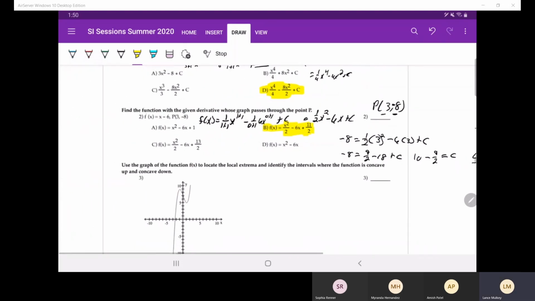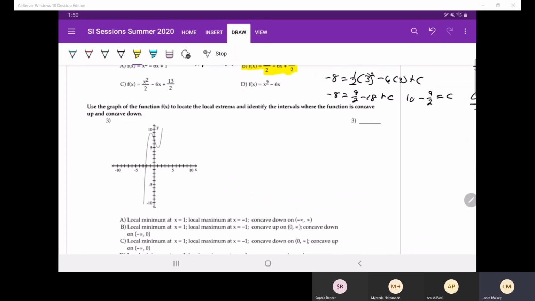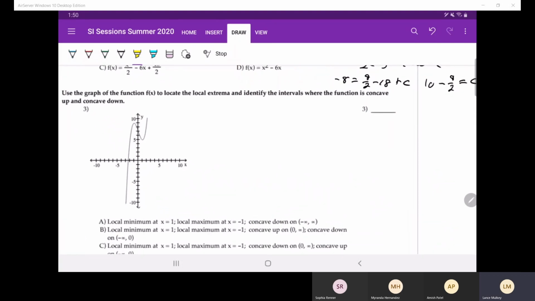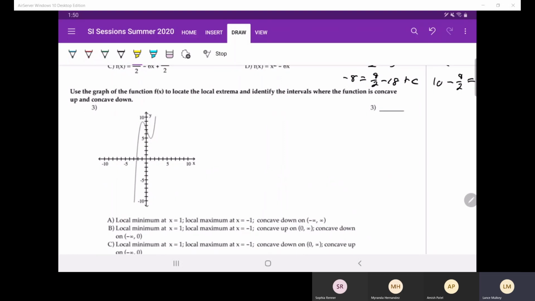All right. Use the graph to locate the local extrema and identify the intervals where the function is concave up and concave down. So you don't have an equation, so you can't do the first and second derivative test. But you can see here, it's increasing, increasing, increasing. Then right here it starts decreasing.